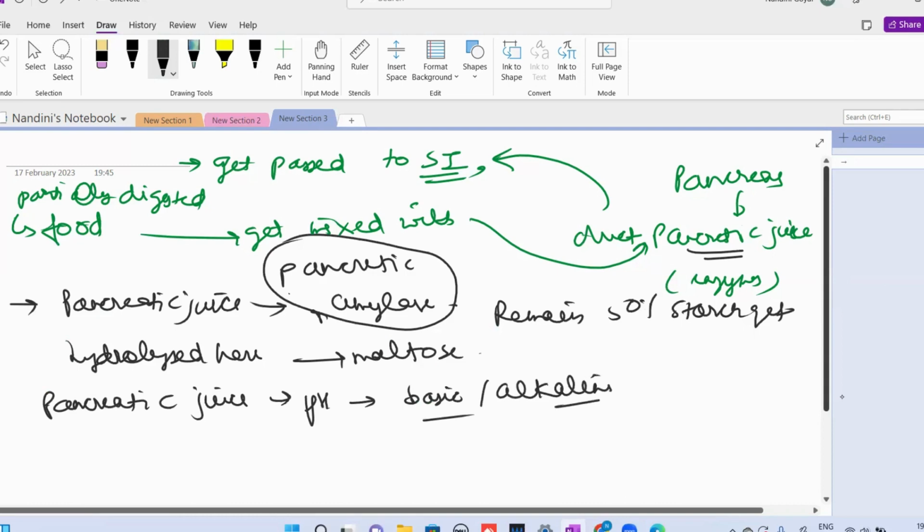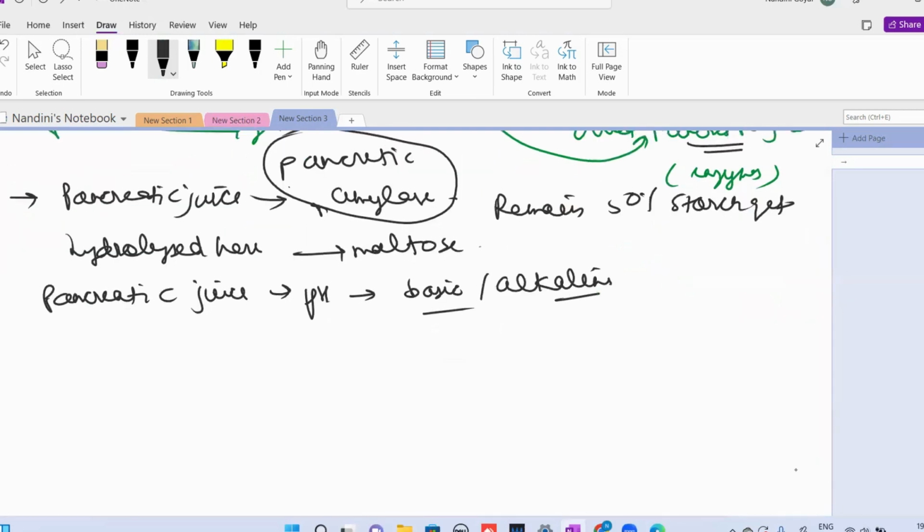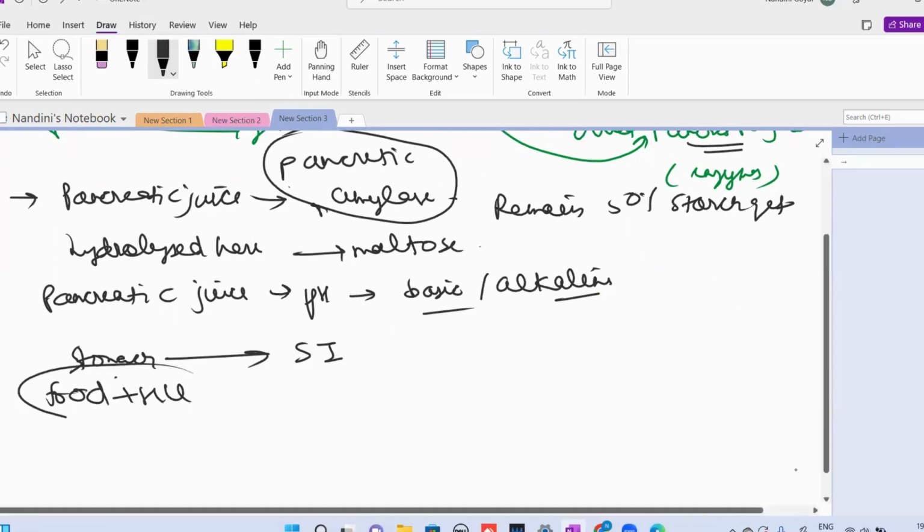From the stomach, food comes into the small intestine. But in the stomach, food gets mixed with HCl, which is a strong acid. So now the food is also acidic.